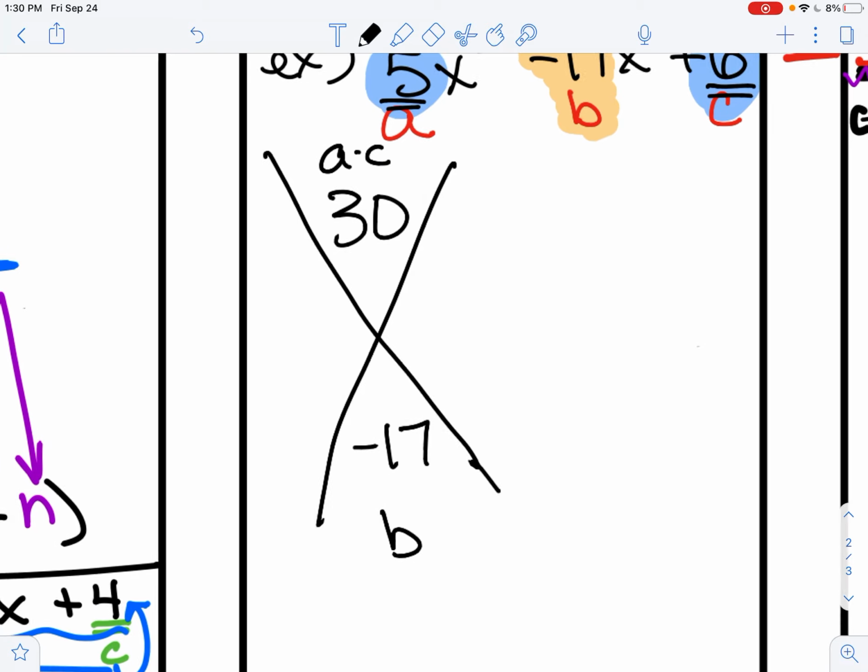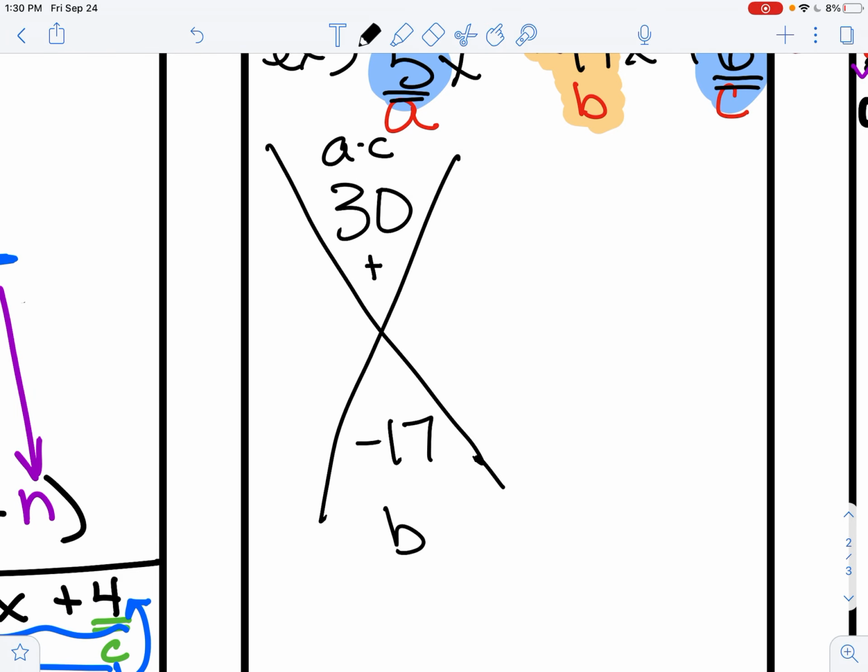So now I have to figure out what's going to multiply to 30 and add to negative 17. Well, let's look at some of those numbers. I know 1 and 30 cannot make 17. How about 2 and 15? I know 2 and 15 can multiply to 30, but can they add to negative 17?